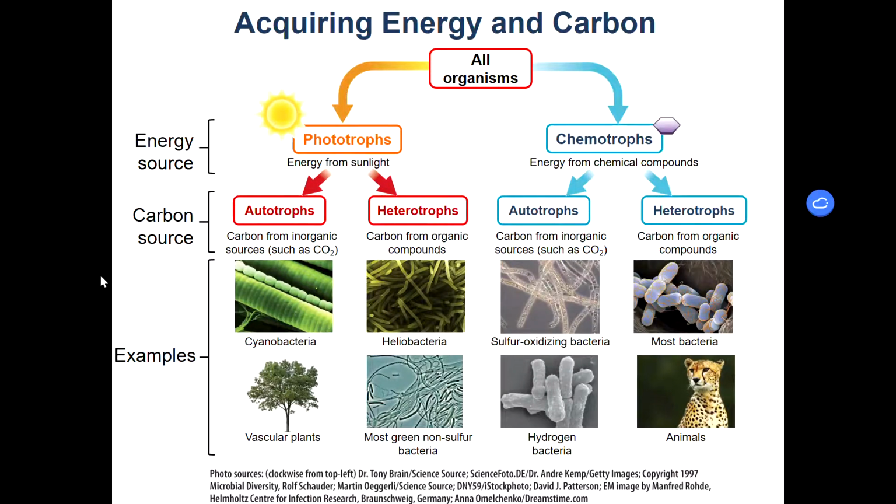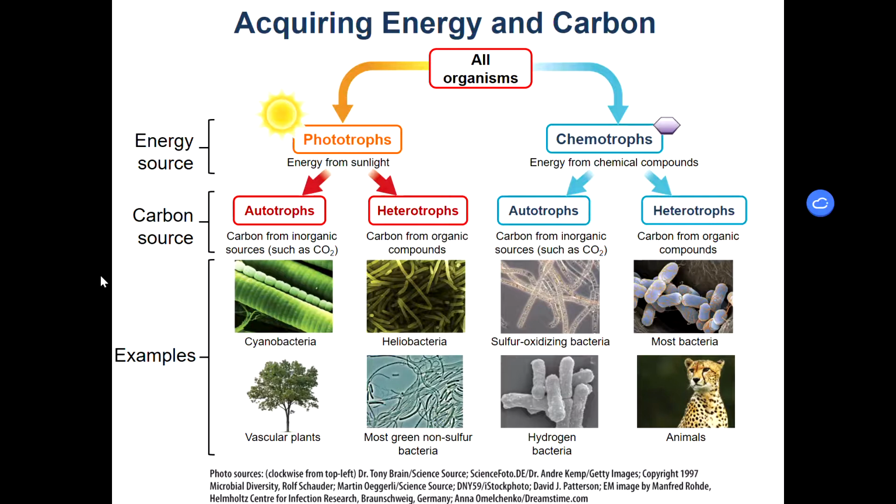So those organisms are going to be photoautotrophs because they get energy from the sun, carbon from inorganic sources. So we're more familiar with vascular plants. An example from bacteria is cyanobacteria, which is able to take energy from the sun, get carbon from carbon dioxide, and survive.